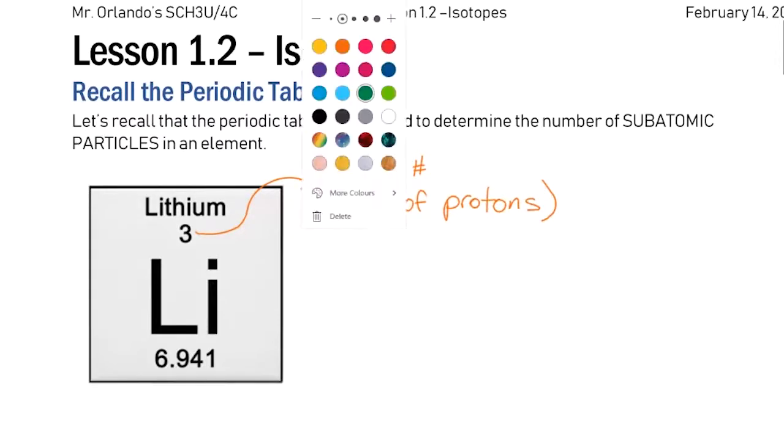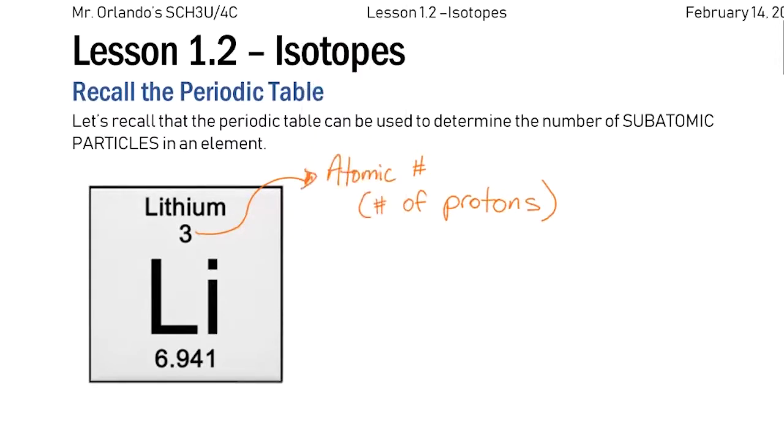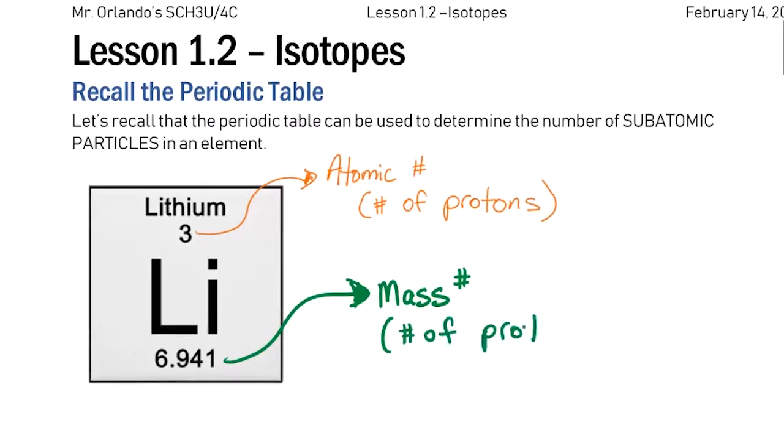And what do we call this number down here? 6.91. And of course, you're all shouting at me that we call that the mass number. And as a rule of thumb, we can say this is the number of protons plus, that's right, the number of neutrons.